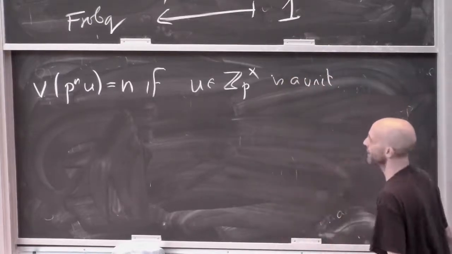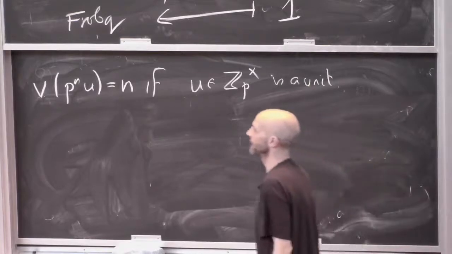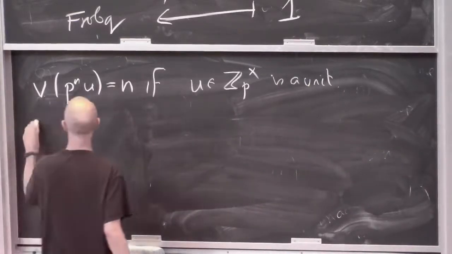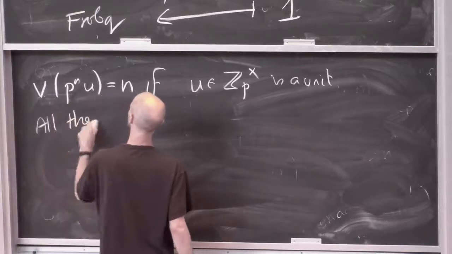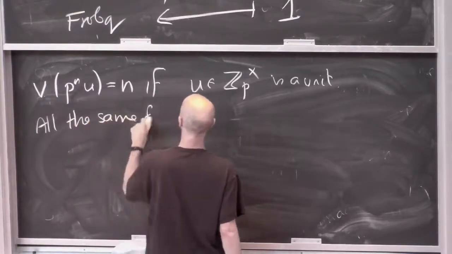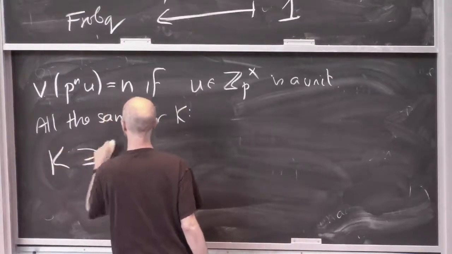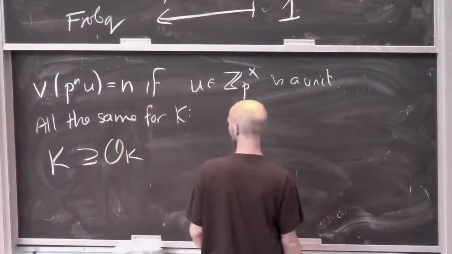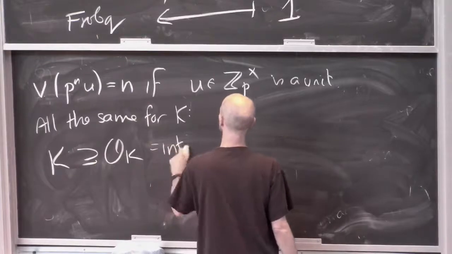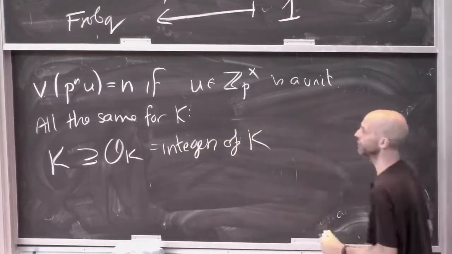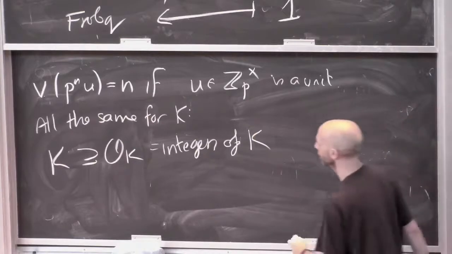As I say, I was kind of happy about that when I was your age, but I was less happy about the general case of a general K. So it's all the same for general K. K contains O_K, the integers of K. This is the integral closure of Z_p in K, if you like.